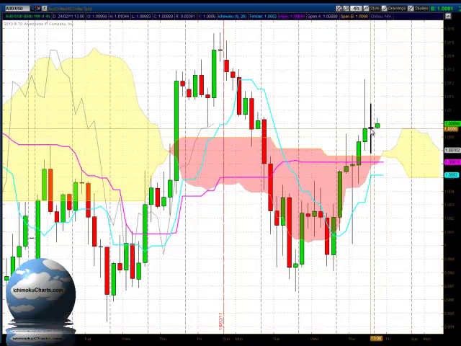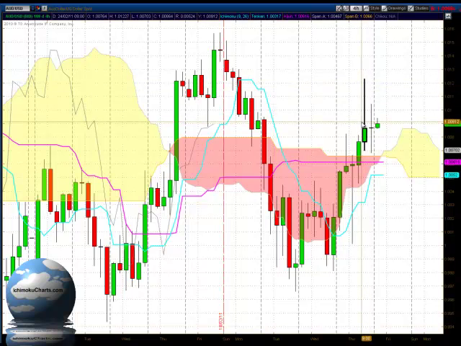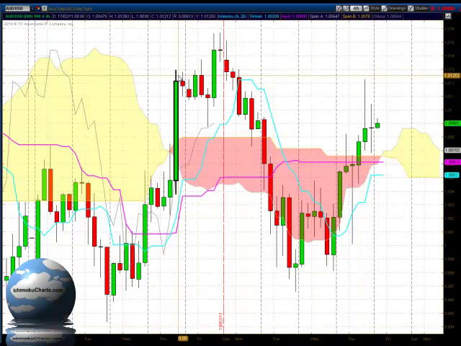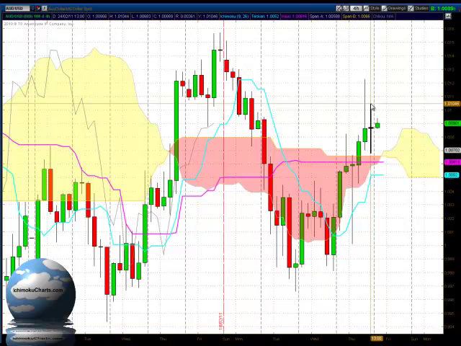We saw buyers coming in, but by the same token, in the previous two sessions, we saw sellers coming in as the market attempted to trade up to 101.2, around this level, where we saw previous resistance, and up to 101.04.